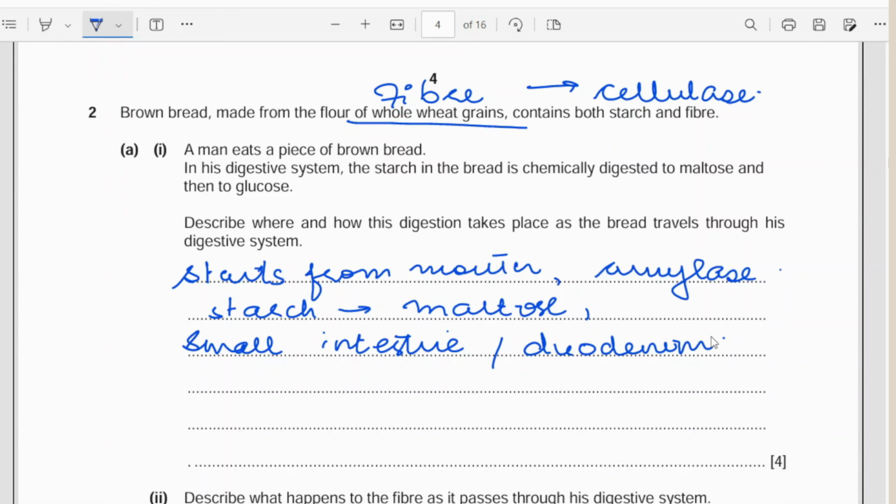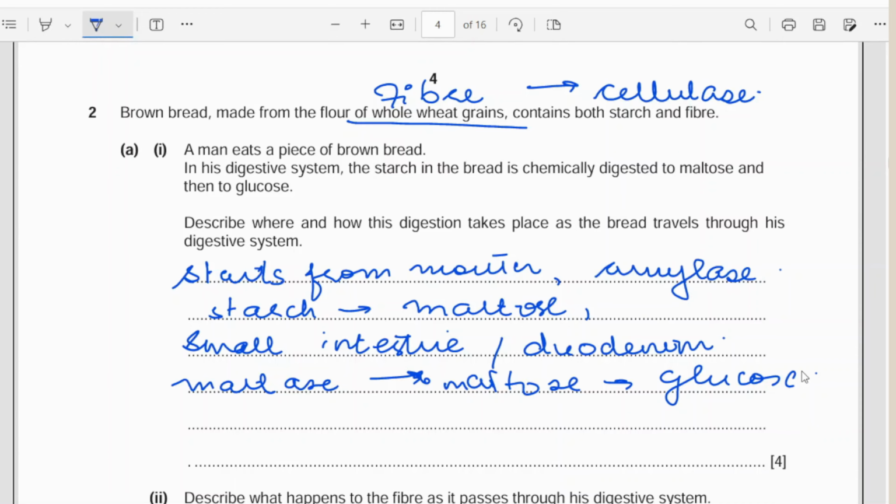In the ileum, there is mainly absorption. Maltose into glucose.